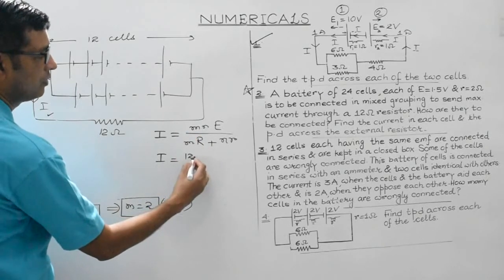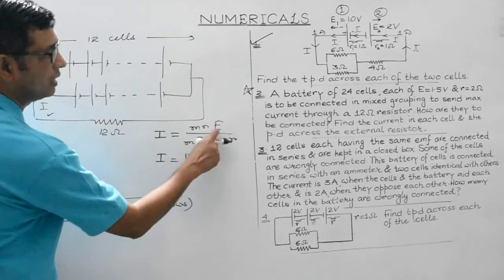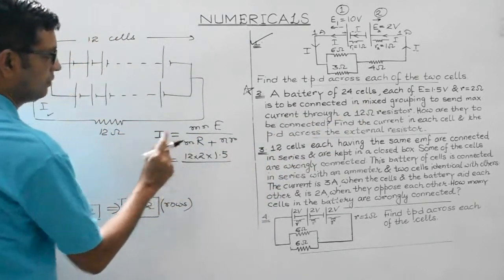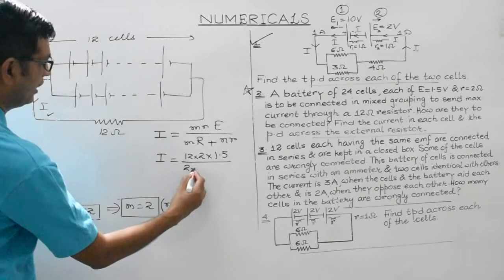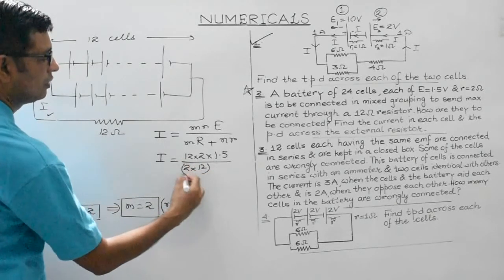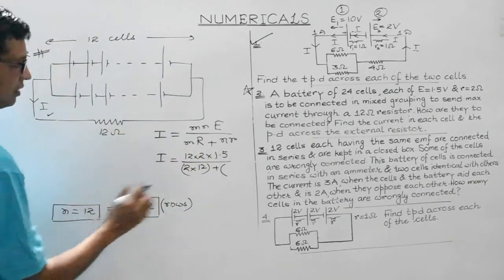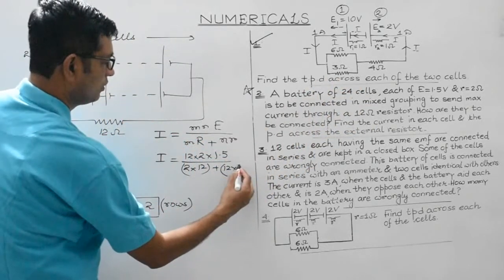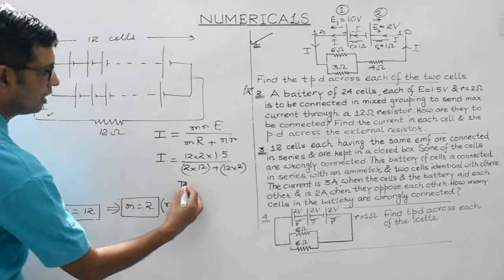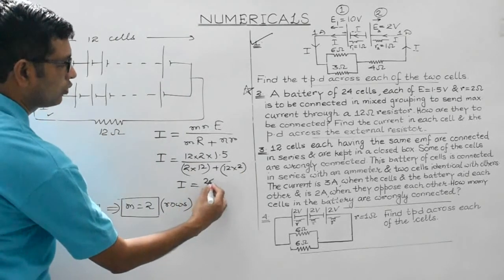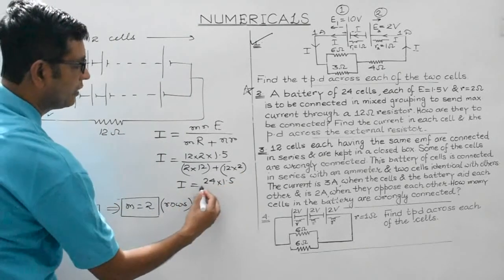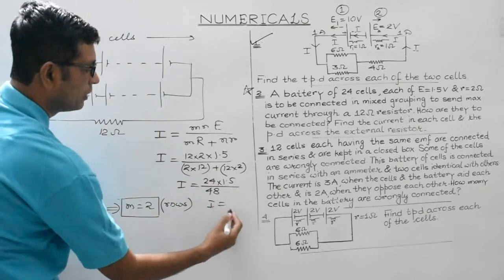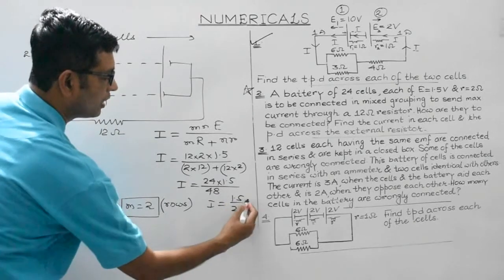M is 2, N is 12, EMF of each cell is 1.5, external resistance R is 12, and internal resistance is 2. So what we get is, I would be equal to 24 multiplied by 1.5 divided by 24 plus 24, that is 48. So it would be equal to 1.5 divided by 2 ampere.